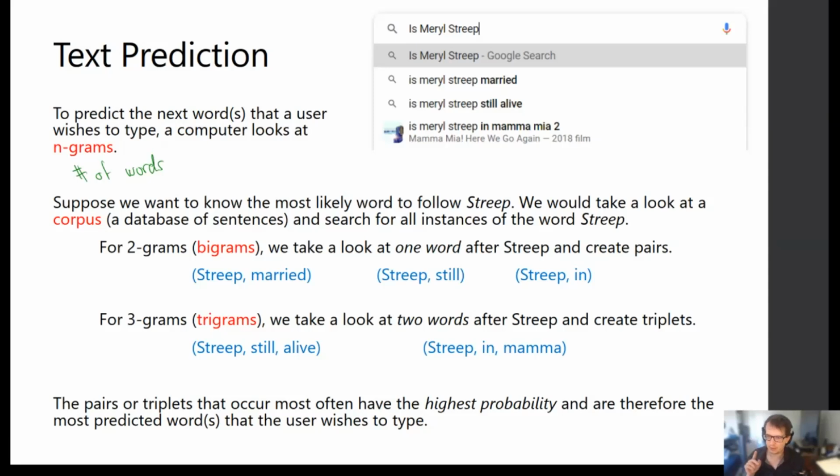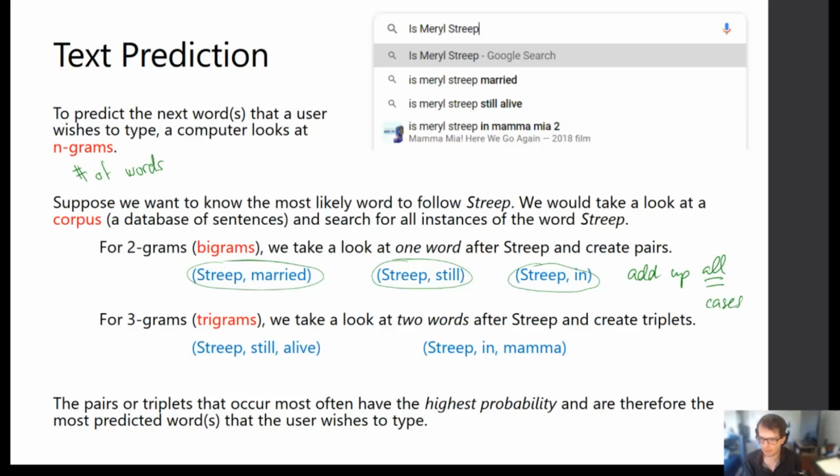This means I'm going to take a look at Streep and 1 word after Streep and look at pairs of words. So maybe there's a pair where someone types Streep and married. And maybe there's a pair where someone types Streep and still. And maybe there's a pair where someone types Streep and in. And what it's going to do is add up all cases.